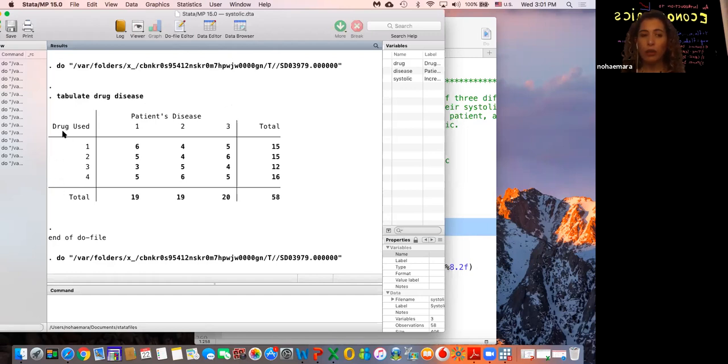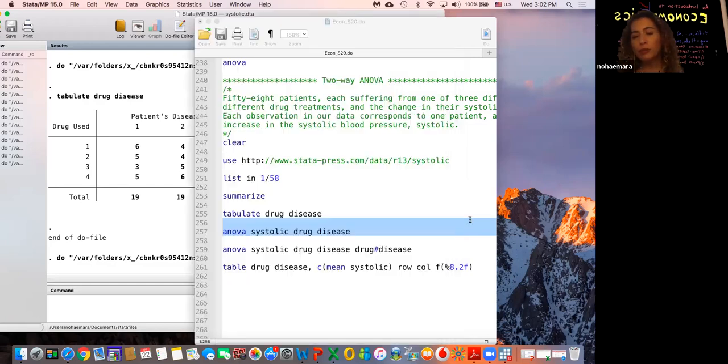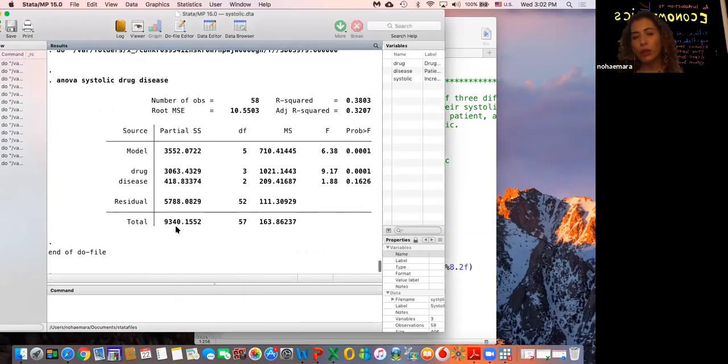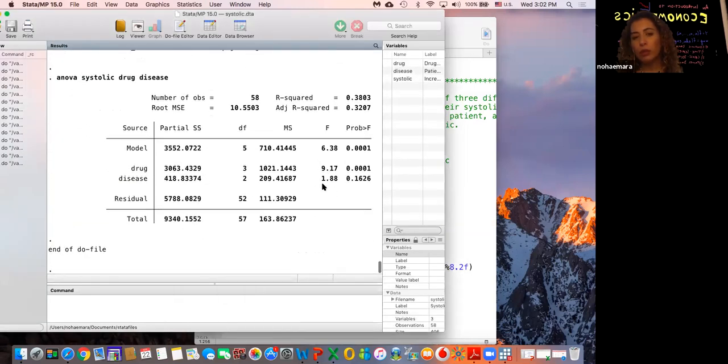However, it matters more when I move vertically. In other words, there is a statistical significant difference in the mean of systolic blood pressure if the patient uses drug 1 versus drug 2 versus drug 3 versus drug 4. Okay, so these are the 2 F's that matter for us, this one and this one.